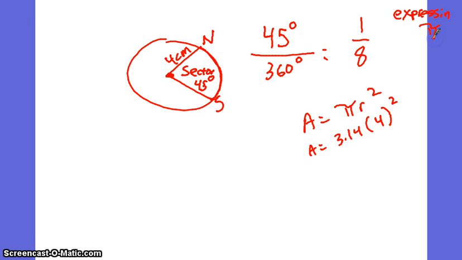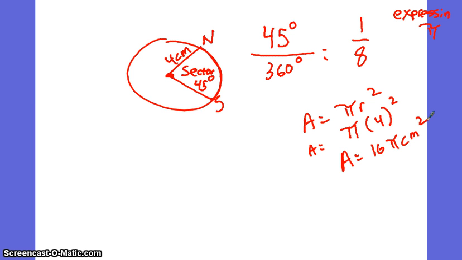Let's make this simpler for us. I could do all that multiplication, but really the point of this lesson is to understand the formula. So let's leave pi as pi. So my area then is going to be 16 pi square centimeters, right? 16 pi square centimeters, because 4 squared is 16.